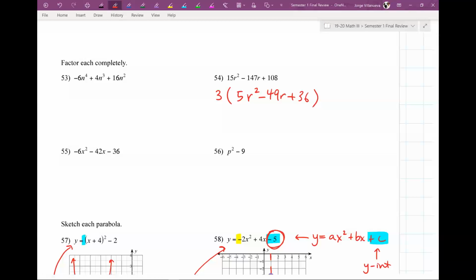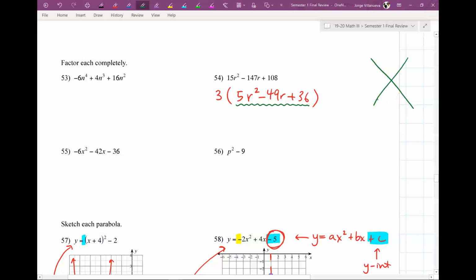So what I'm going to have to do at this point is try to find a way to factor this piece right here. Let's see if we can do that. I'm going to do an X method up here.